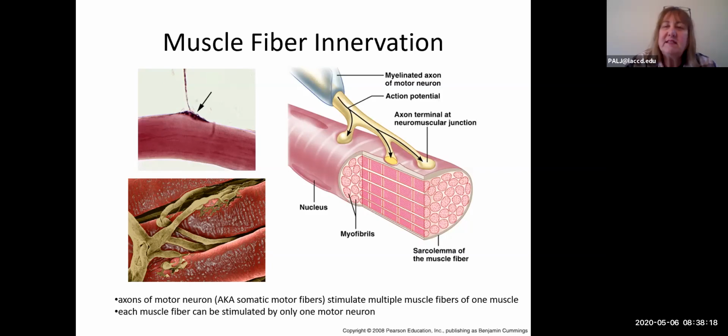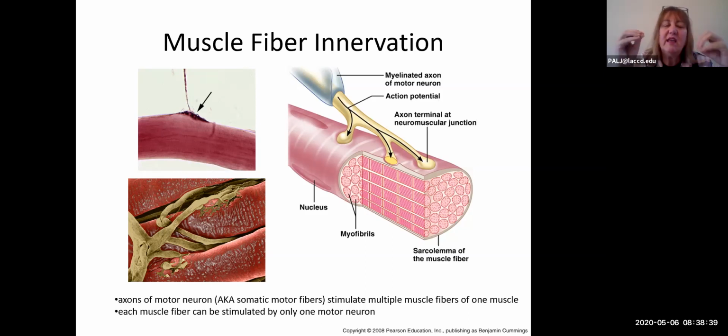So for skeletal muscles to move, we are going to employ motor neurons, specifically somatic motor neurons. And then the axon of the motor neuron comes down, it branches into the axon terminal, at the end of which you're going to have your little synaptic knobs.